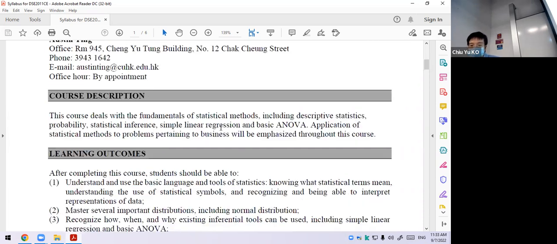This course is basically statistics applied to business applications. As you can see, these are the main topics. We will start with descriptive statistics, probability, estimation, inference, regression, and ANOVA.